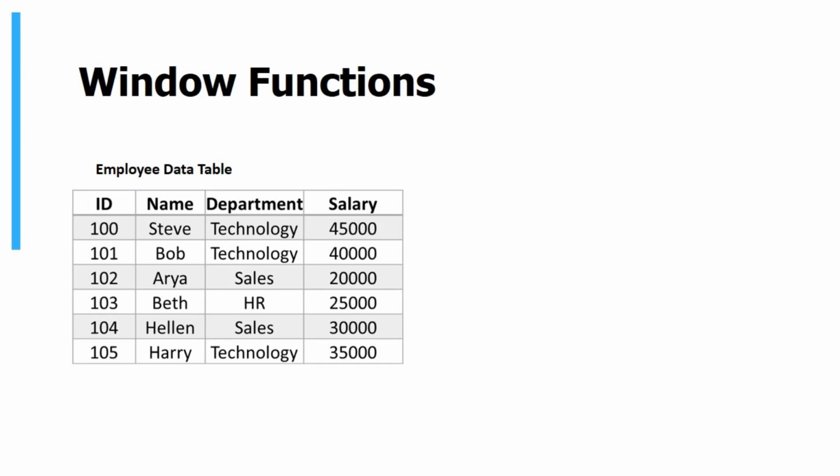Using a window function for an example like this, where I want to find the maximum salary in each department, we are going to write our query by introducing our OVER. Remember I mentioned that the OVER clause is a way of introducing PARTITION BY or any of the terms we want to use. So we introduce the OVER and write PARTITION BY department, and we also use the maximum salary.